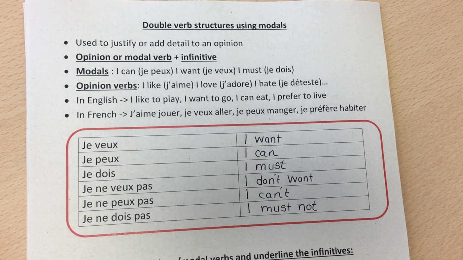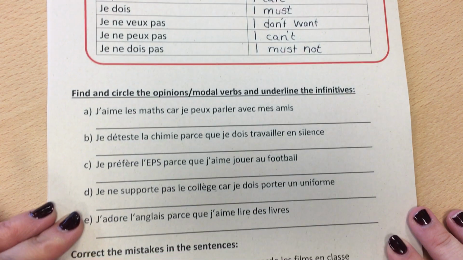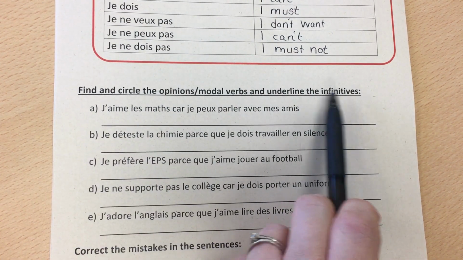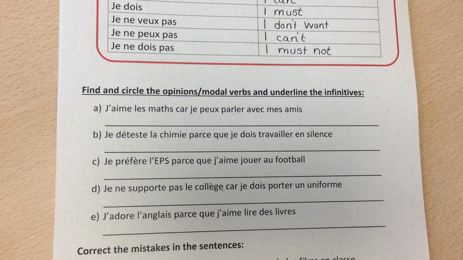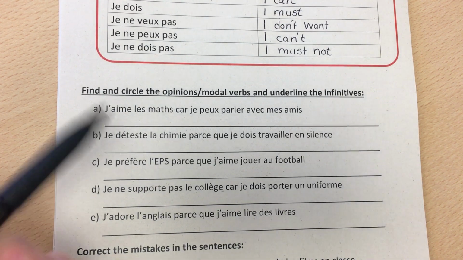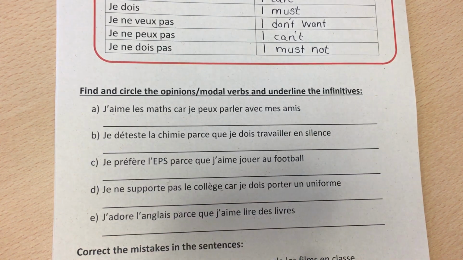Okay, so with this information in mind, let's look at some examples. First of all, we're just going to find our opinions or modal verbs and underline the infinitives in these examples here. I'll do the first two with you, and then you can pause the video and complete the final three. J'aime les maths car je peux parler avec mes amis.